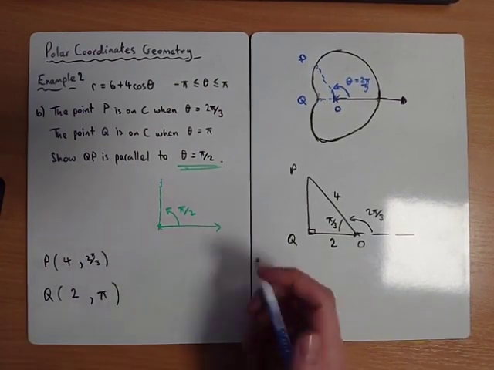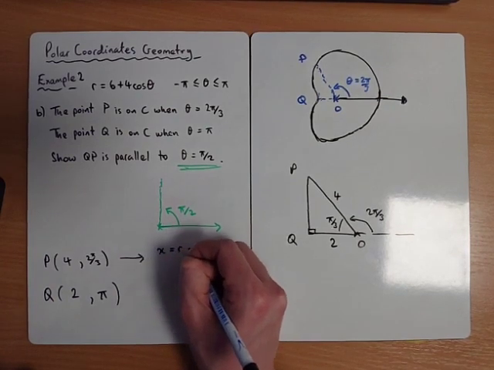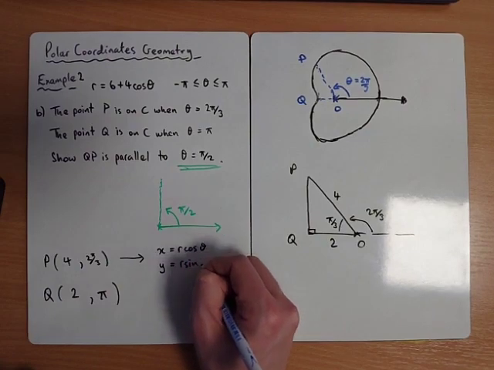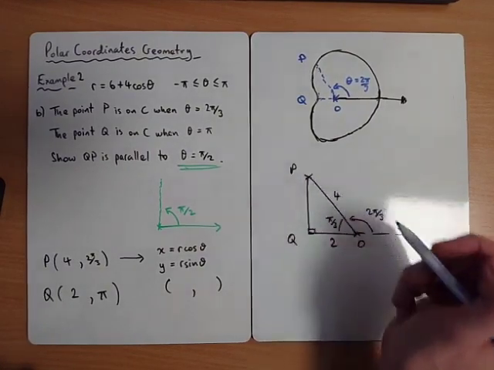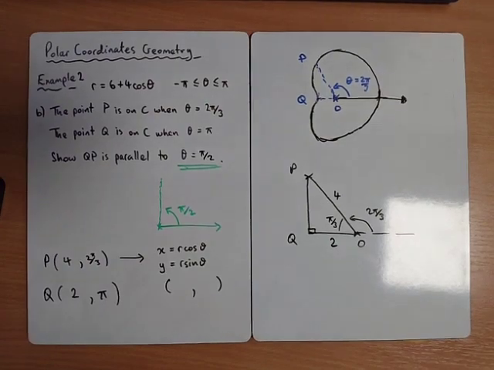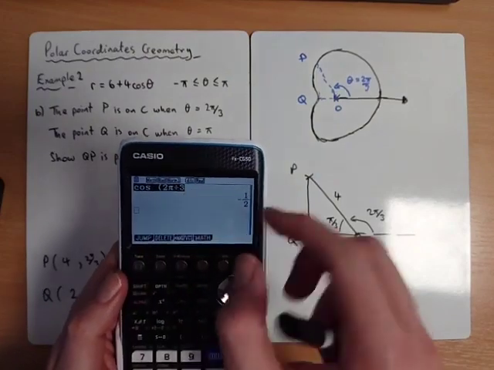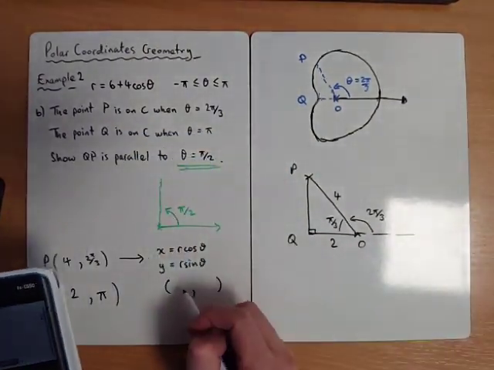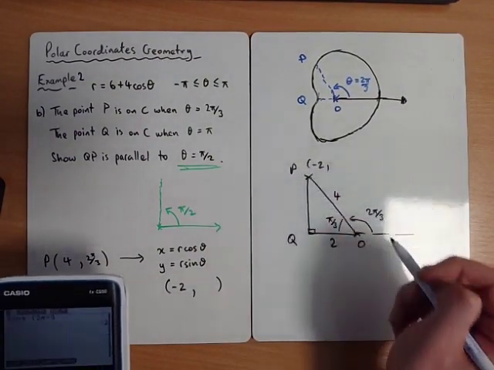If we know r and we know theta, then because x equals r cos theta and y equals r sin theta, that coordinate there in the x and y world that we're used to, if we do 4 times cos of 2 pi over 3, and we already know what cos of 2 pi over 3 is because I've worked it out there. So if I do 4 times this, that coordinate is minus 2. So we can think about this as a minus 2 coordinate.